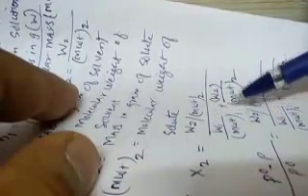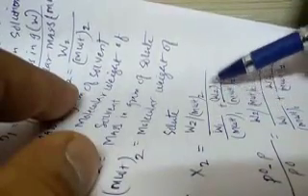So for X2, if we put the values of N1 and N2, we finally get X2 is equal to W2 by MW2 divided by W1 by MW1 plus W2 by MW2.